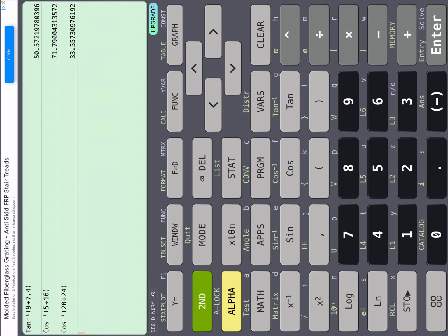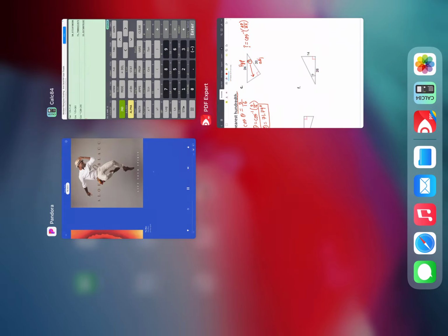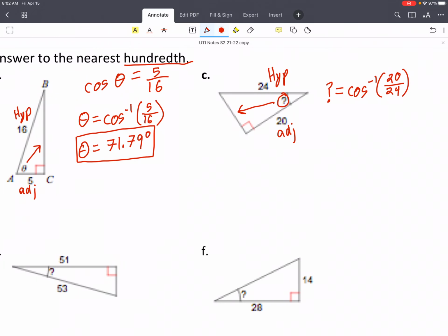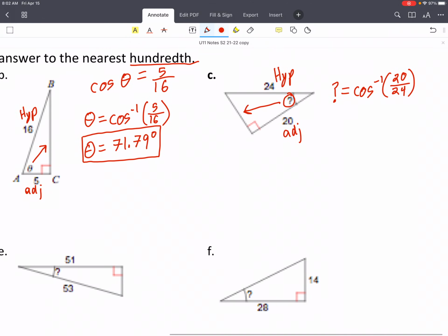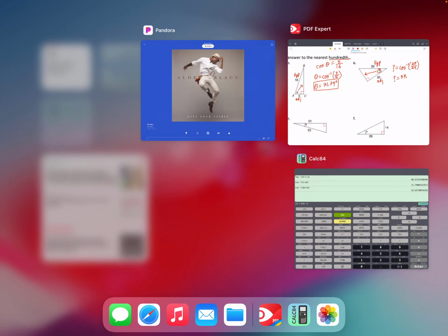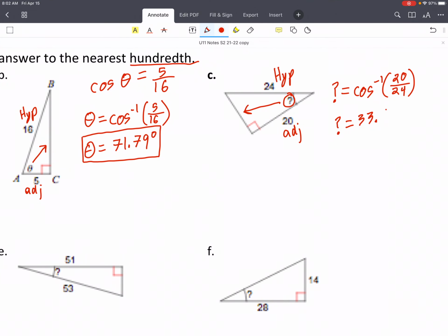We get 33.557, so we need to round that to 33.56 degrees. So our question mark on this one is going to equal 33.56 degrees.